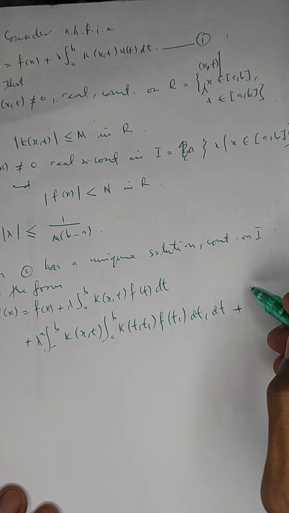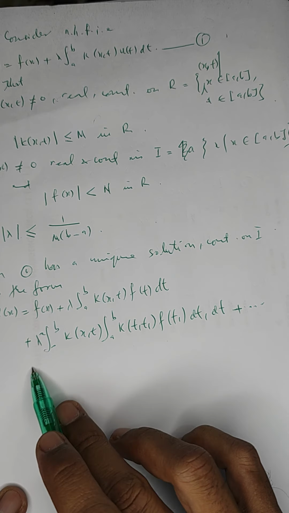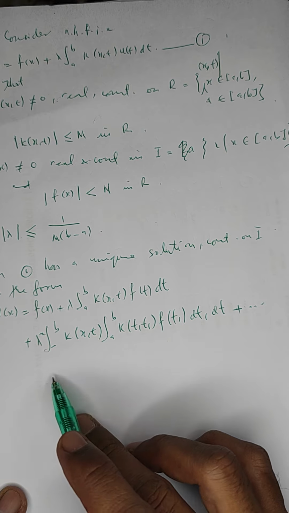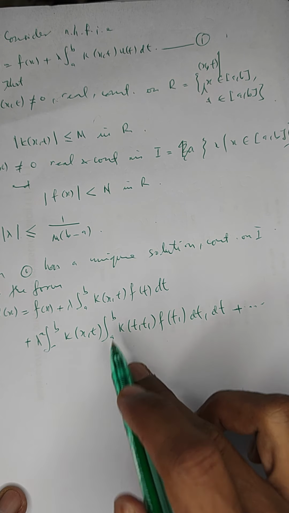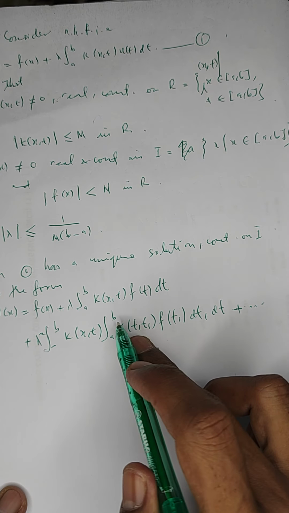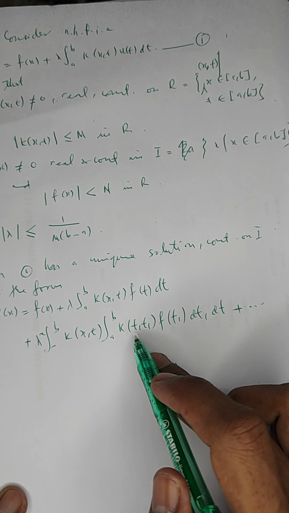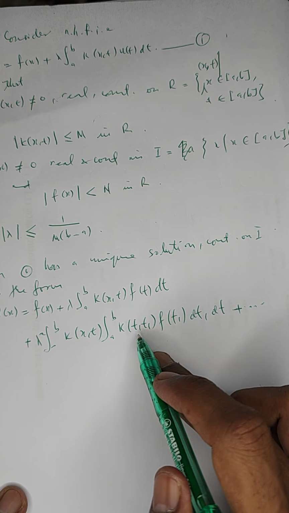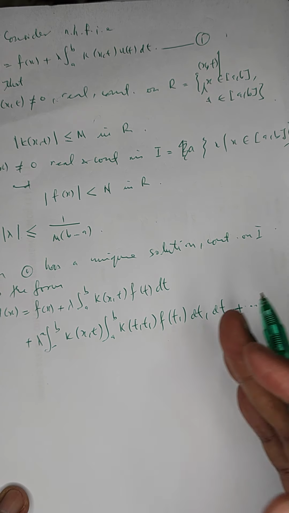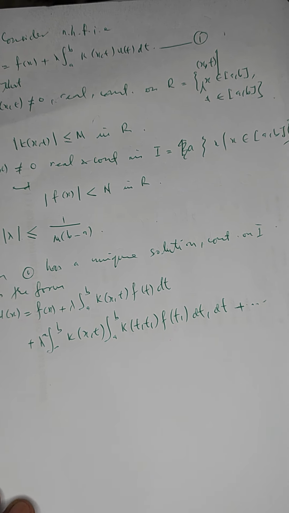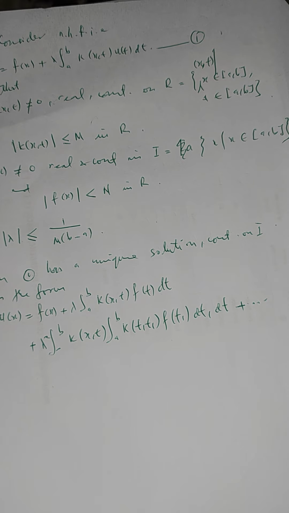So on means we have the next term is lambda cubed k(x,t) integrate k(t,t1) k(t1,t2) f(t2) and so on. So let's prove this.